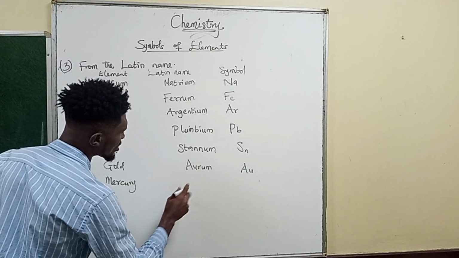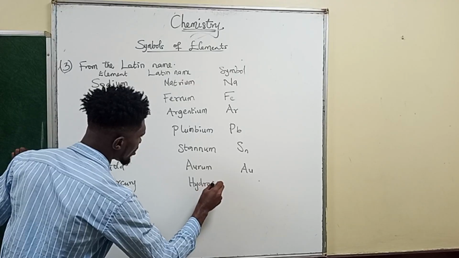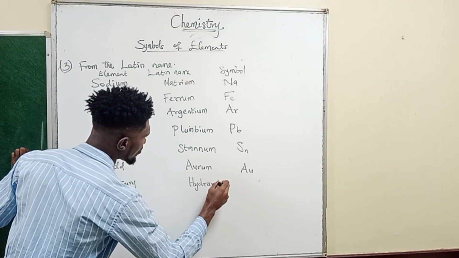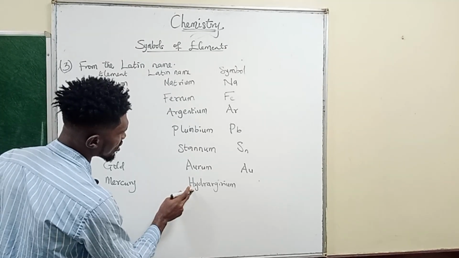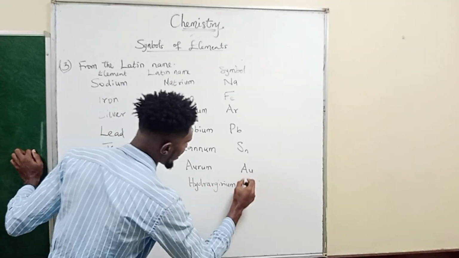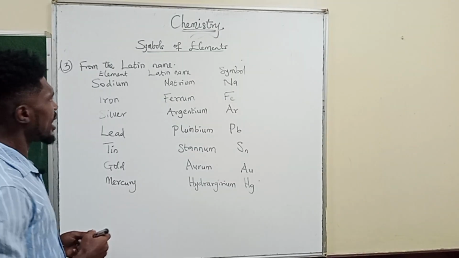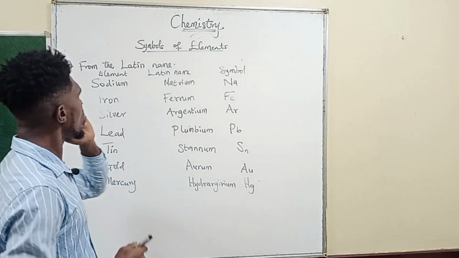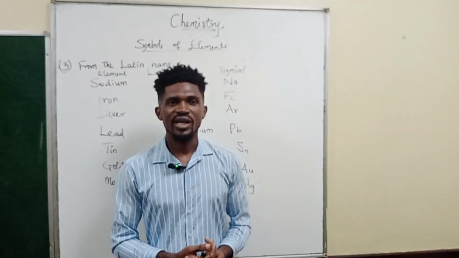Mercury is hydrargyrum. And it is represented as what? Hg. Okay? I think I've been able to explain the symbols of elements in the best possible way for you to understand.